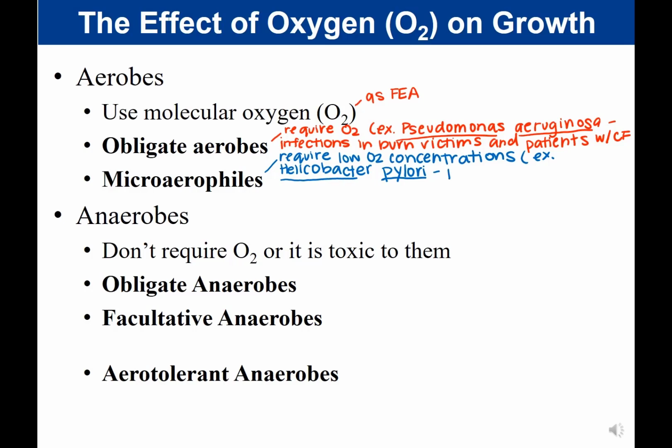And you might recall that Helicobacter pylori is the infectious cause of ulcers. And so what happens is that if this bacteria happens to get into the stomach, remember that an advantage that Helicobacter pylori has is that it produces urease enzyme.